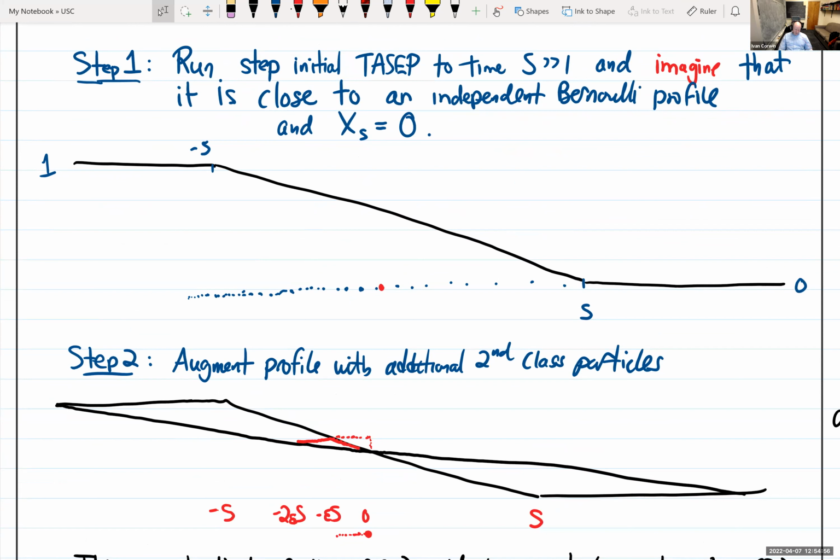What I'm actually going to do is imagine augmenting my system. Initially I have a second class particle and it just happens to sit right here, right in the middle.